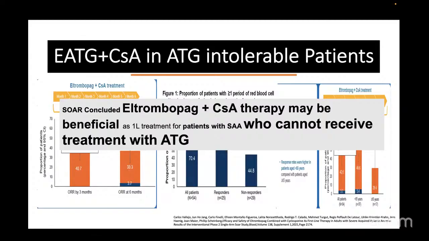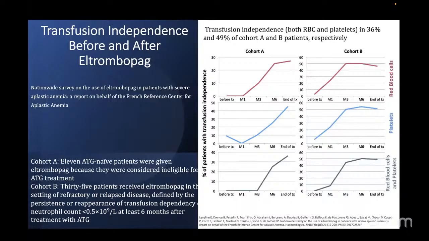And we have seen and experienced the practical feasibility of this Eltrombopag molecule, and it's mind-blowing how it works in this particular subset of patients. It is just a very satisfactory thing to witness.